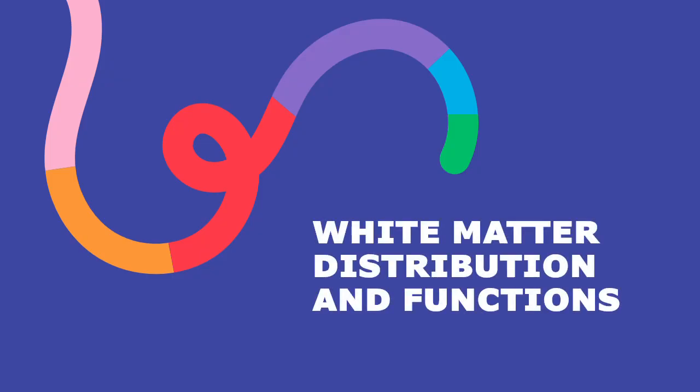White matter is found in inner brain regions such as the corpus callosum and in the outer areas of the spinal cord. It facilitates rapid communication between neurons over long distances and coordinates neural activity.